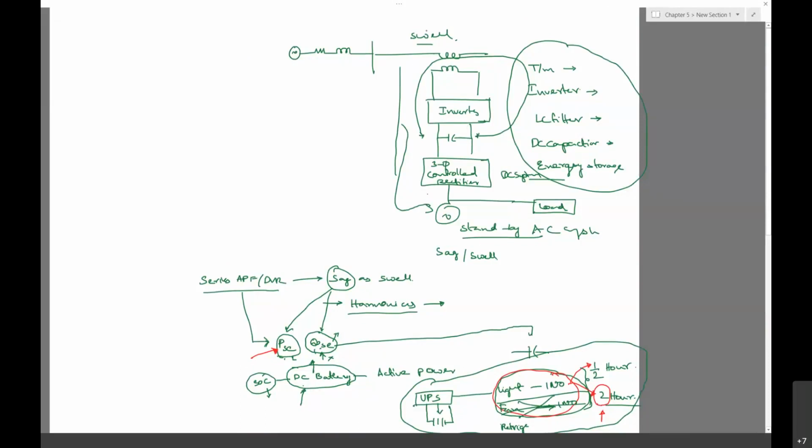During the cell condition, we need to observe the power flow from the source to the battery. Here we may be connecting to the battery, or any other standby AC system, and then the power may flow in this direction also.